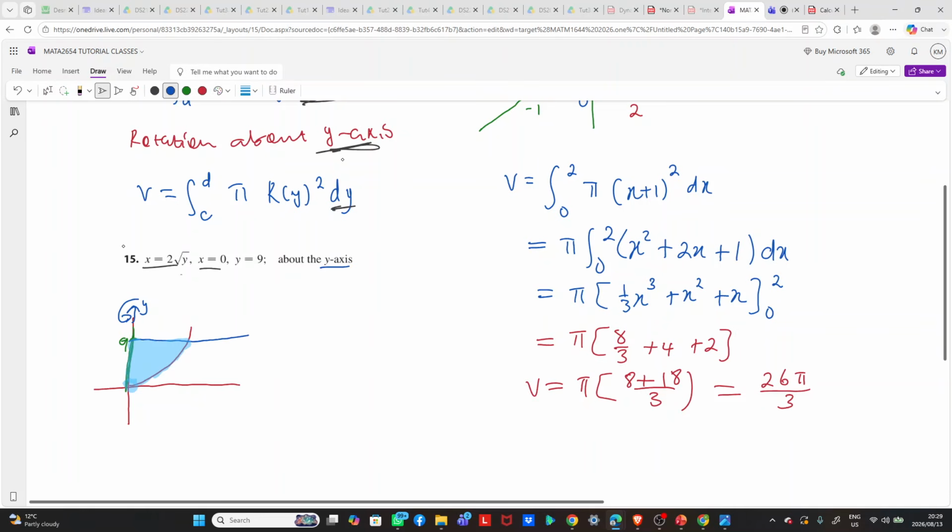So we know the formula for the disk method whenever we're going about the y-axis is given by the volume, where we're integrating from c to d of pi r(y) squared dy. Okay, so r of y in this case is this guy, 2 square root of y. So you need a function x equals something. That is your r of y.